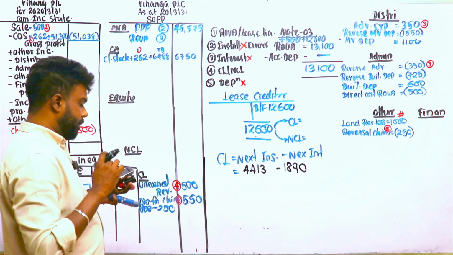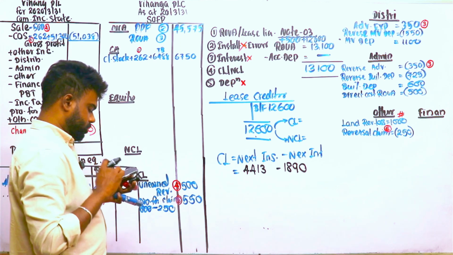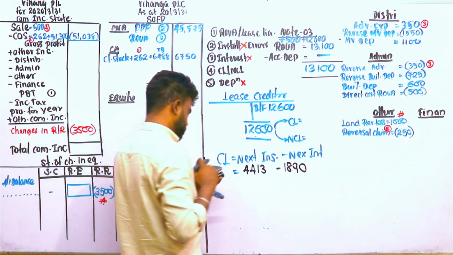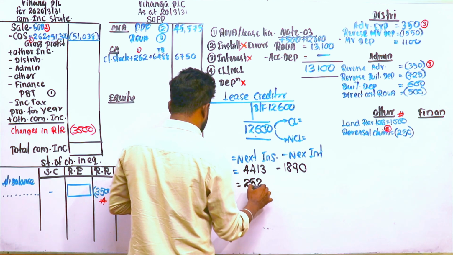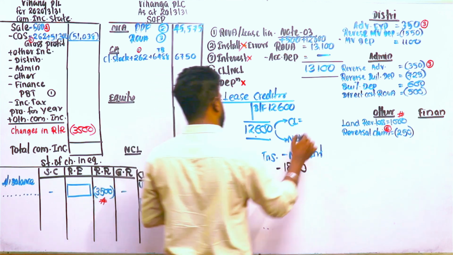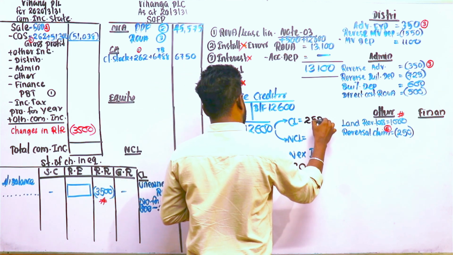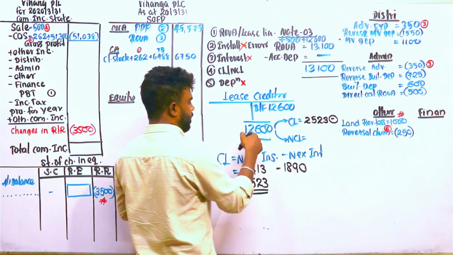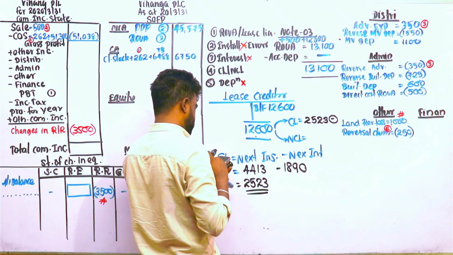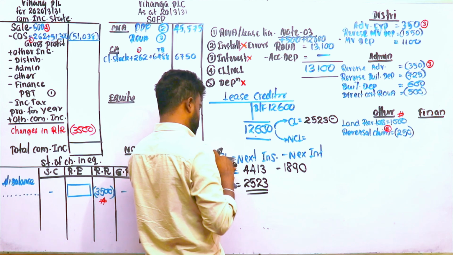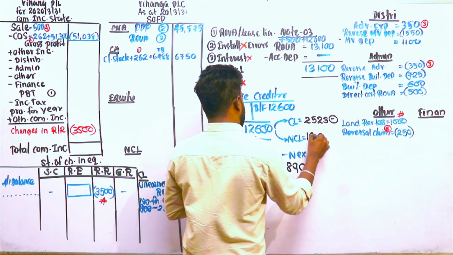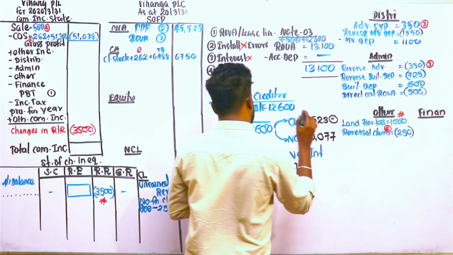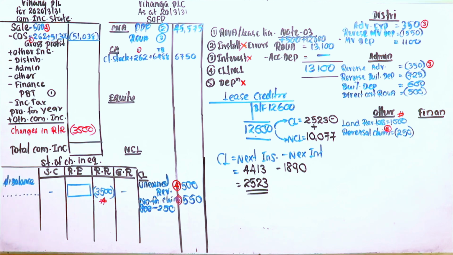So tell me the current liability: 2,523. So deducted from this one, 10,077. Correct? Current and non-current liability is correct.